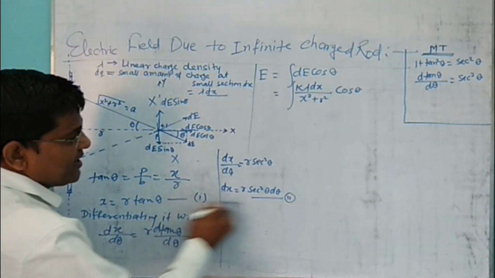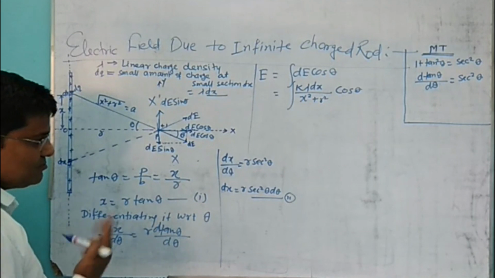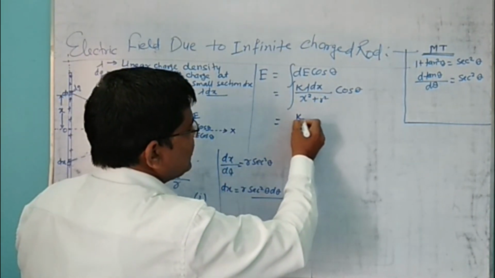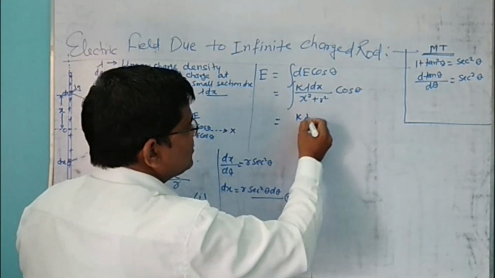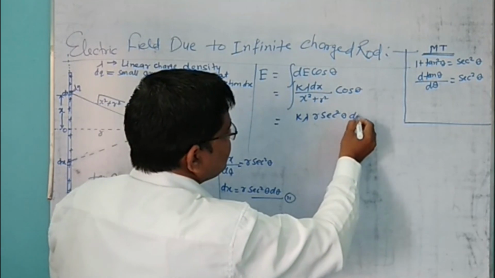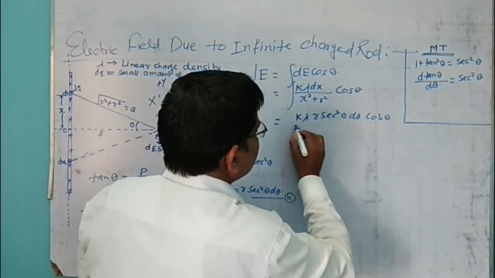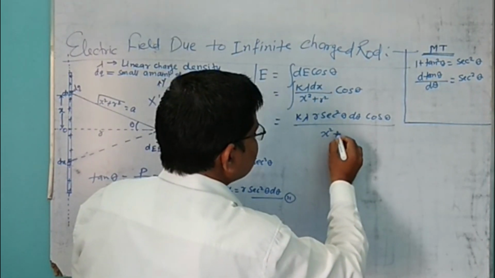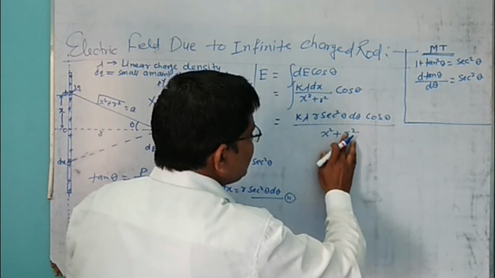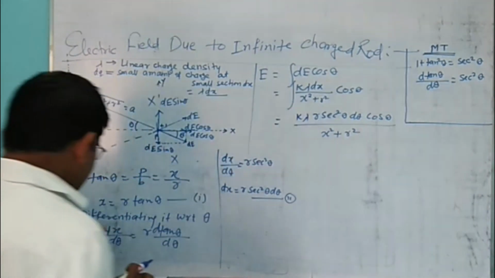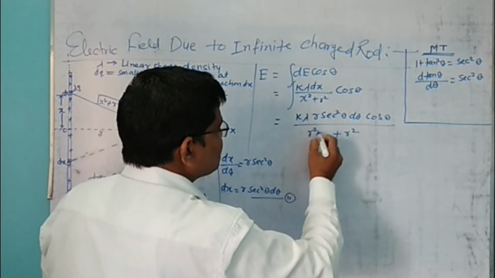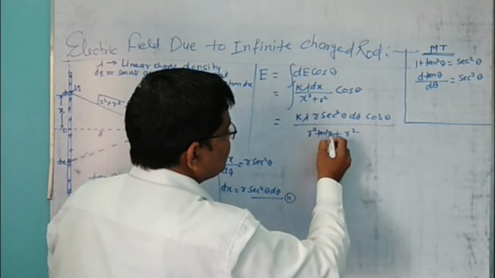One is here and second is here. Now the electric field is k lambda dx, that is R sec square theta d theta, cos theta upon x square plus r square. You may use x equal to r tan theta, so x square is r square tan square theta.